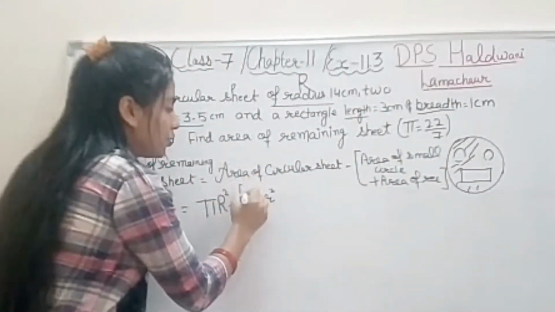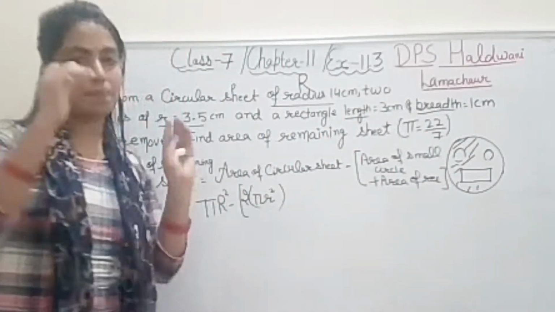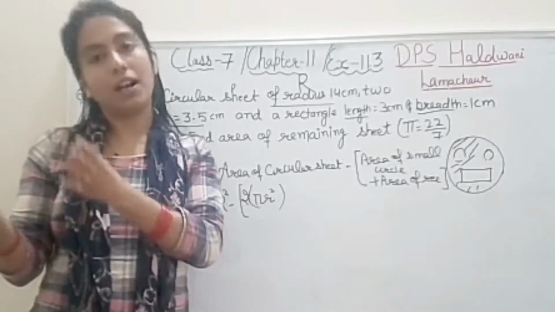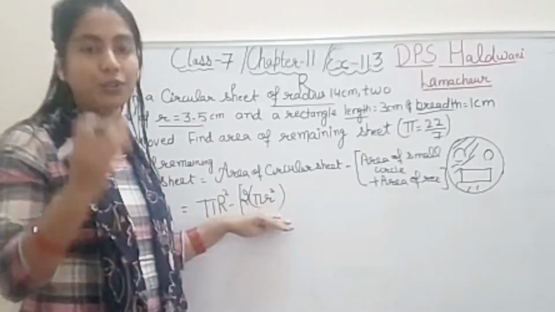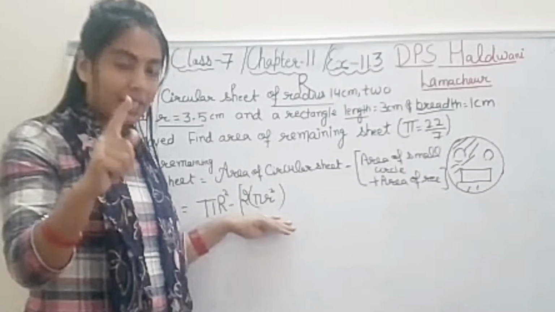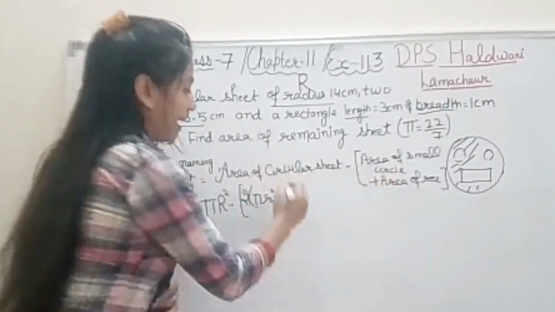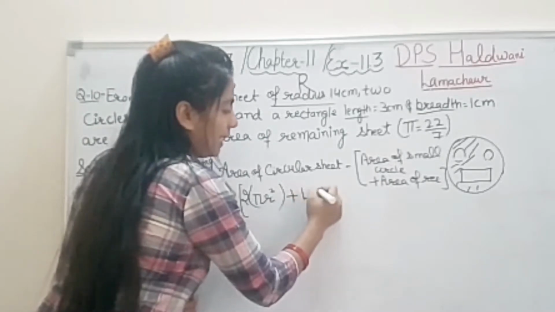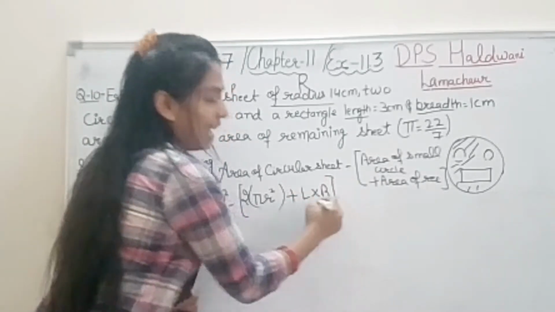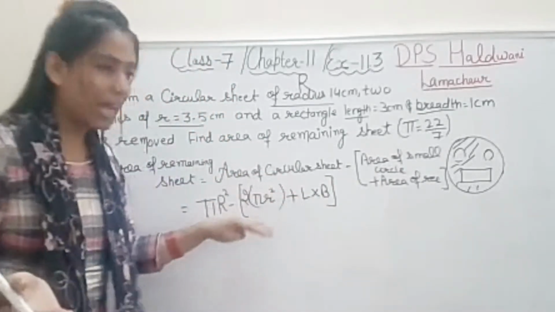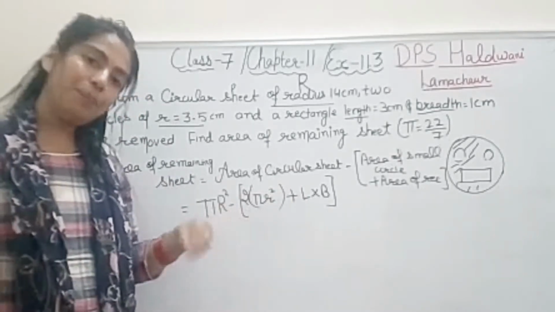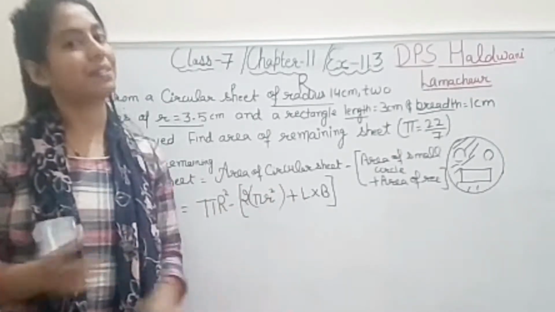So it means 2 pi r square, because pi r square plus pi r square, or directly you can do 2 into pi r square. Logically you have to do everything, students, right? Next is plus the area of the rectangle, which is length into breadth. Every formula we know, so we have put it, and now directly put the values and get the solution.